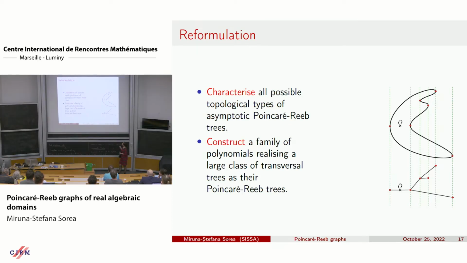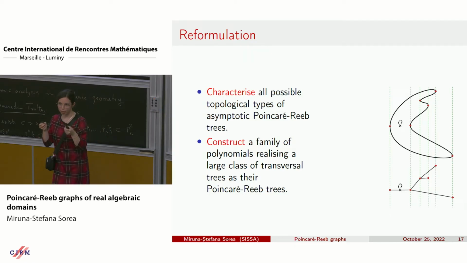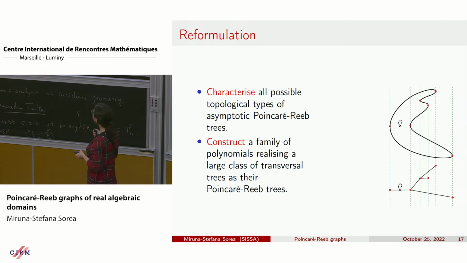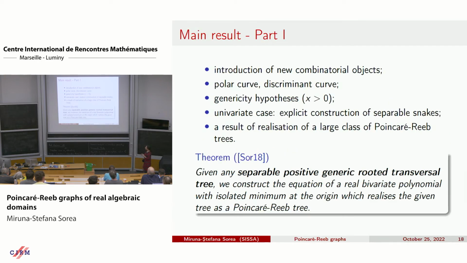If you are given a transversal tree, so I was saying that the edges were transverse to the vertical foliation, can you construct a polynomial with a strict local minimum at the origin that realizes this tree via this collapsing procedure of the Poincaré-Reeb construction? This is the question that I am going to consider, and to this question I have a positive and a constructive answer.